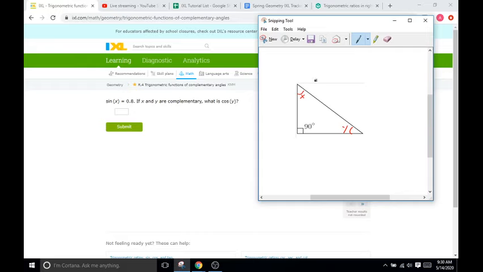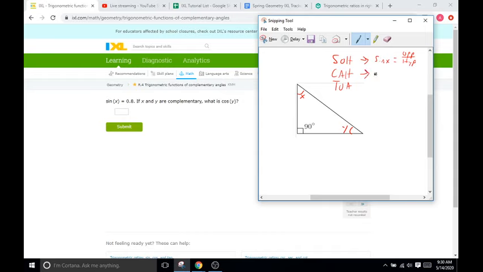Okay, the answer to this is very simple, and let me explain it. So remember we have SOHCAHTOA. Meaning sine of x is going to be equal to the opposite side over the hypotenuse.